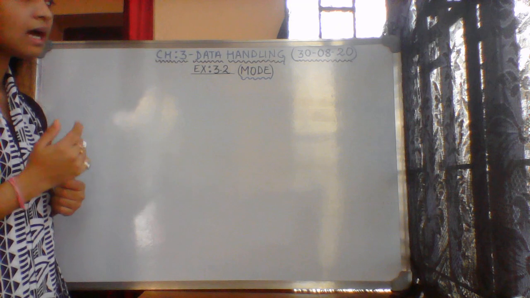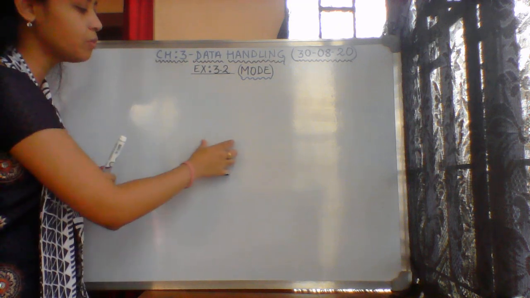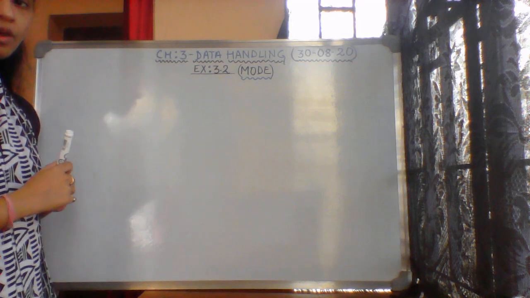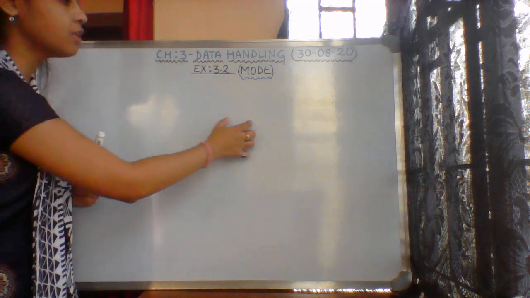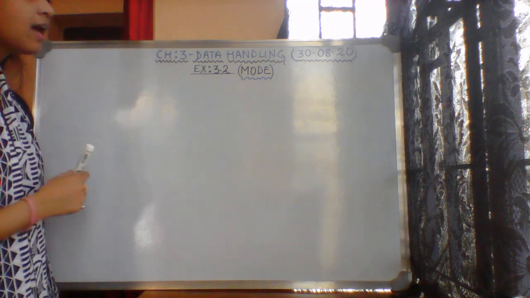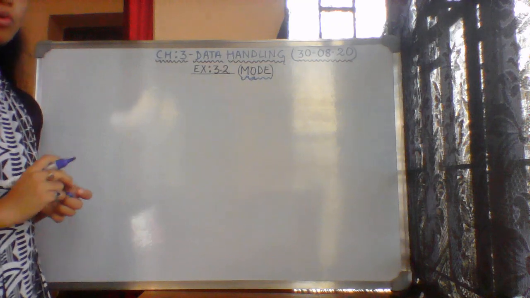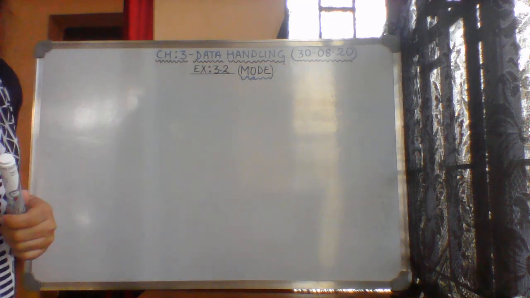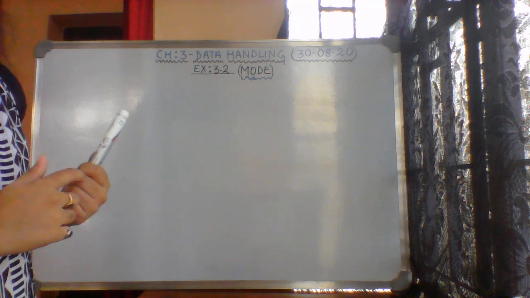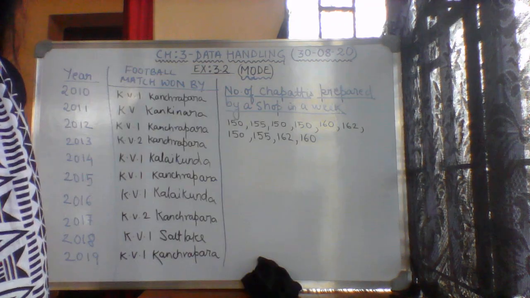There are some kinds of data which are not in numerical value, not represented with numbers. At that time we use this central tendency, that is mode. So it has its own importance also.